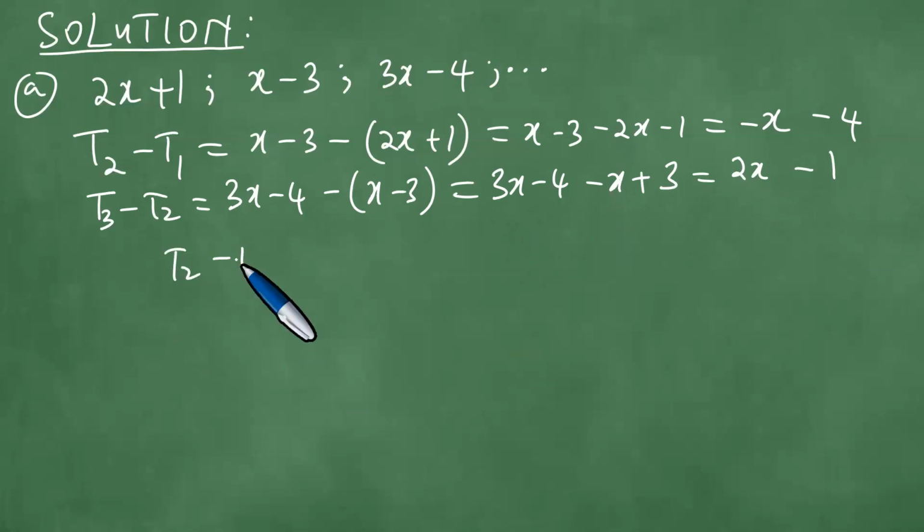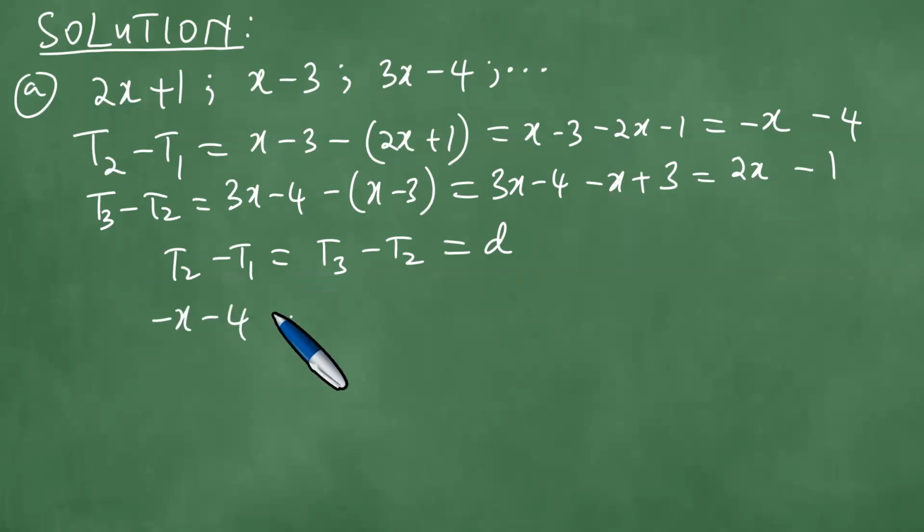Because it is arithmetic, we know that T2 minus T1 must be equal to T3 minus T2, and this is equal to the common difference. So what is T2 minus T1? It is minus x minus 4. What is T3 minus T2? It's 2x minus 1.